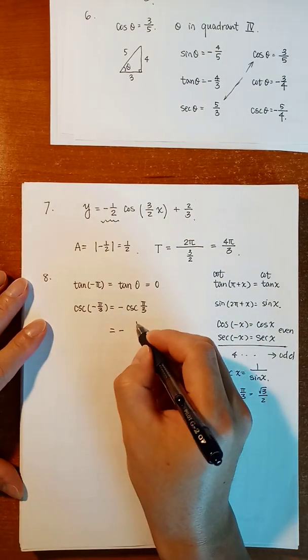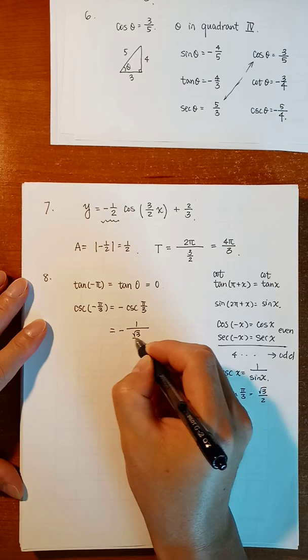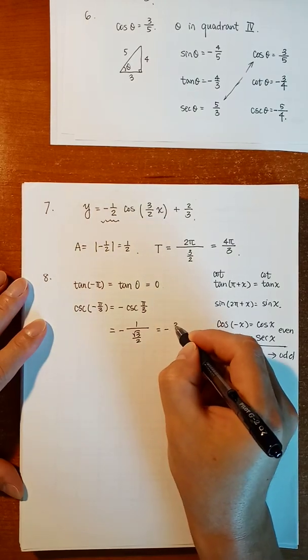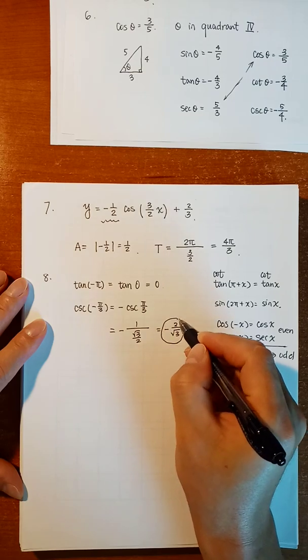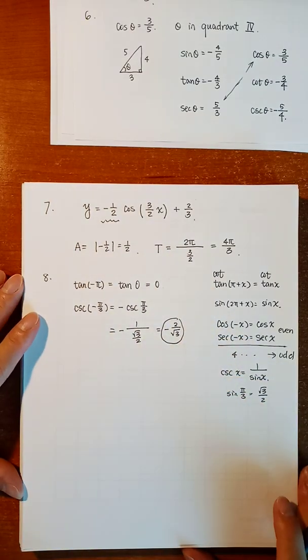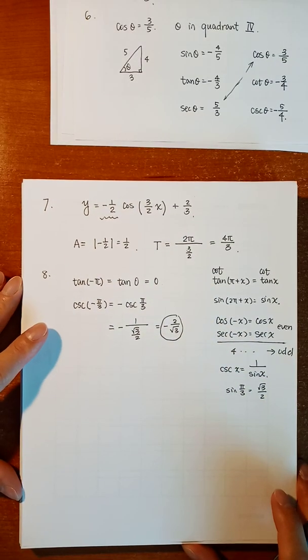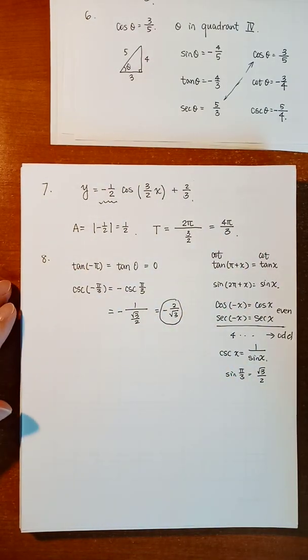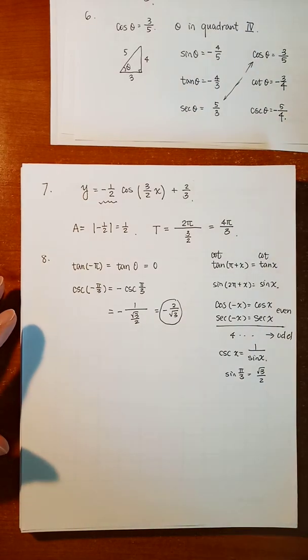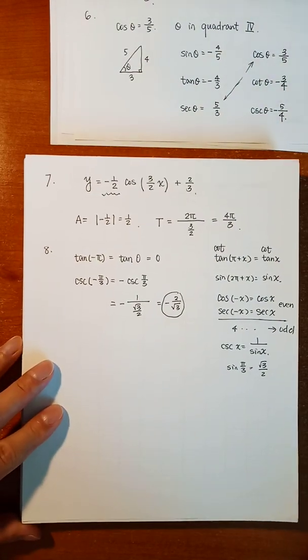So it's negative 1 over square root of 3 over 2, which is negative 2 over square root of 3. In the exam, you can leave it like this. You don't have to rationalize it.